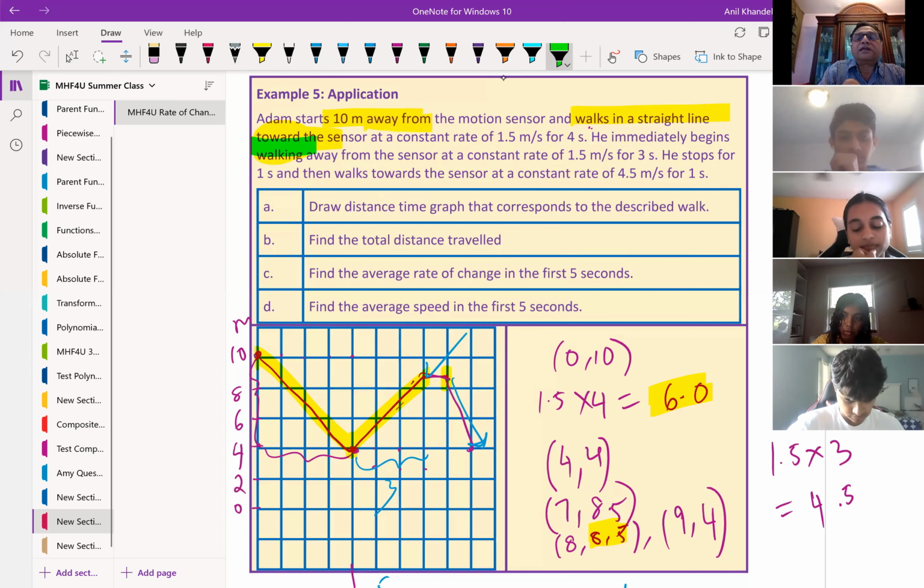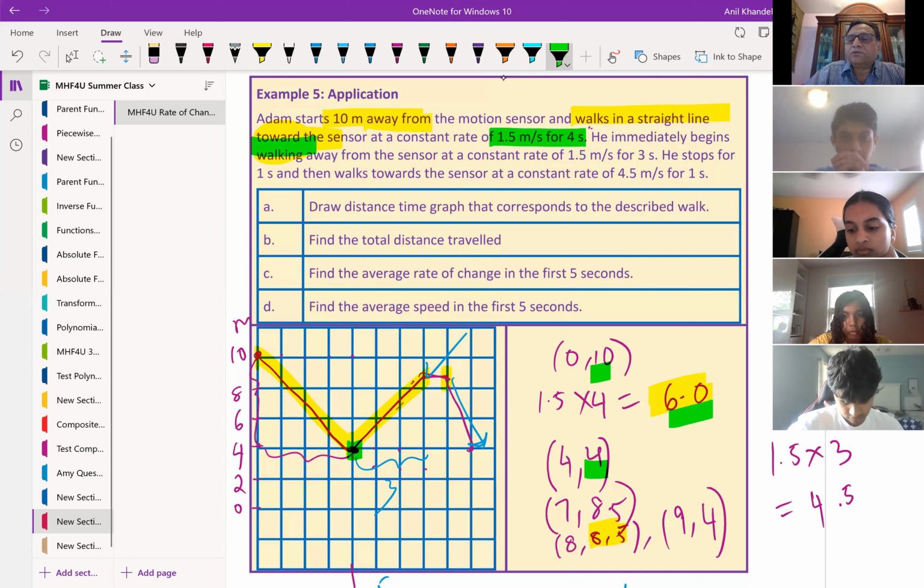He moves at 1.5 meters per second for 4 seconds, so the distance covered is the product of these two: 1.5 times 4, which is 6. So he has come 6 closer, and you arrive at a point which is 10 minus 6, which is 4.